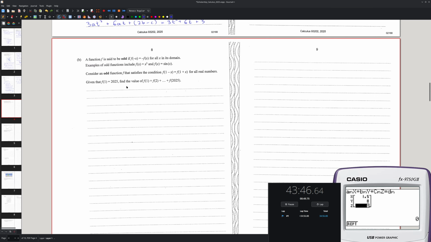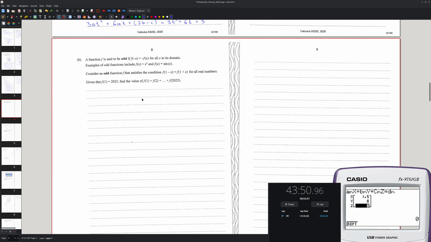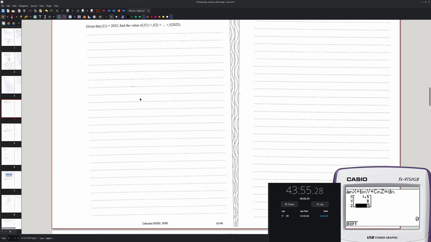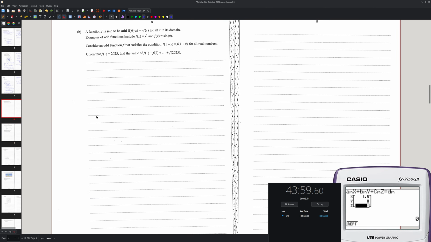Okay, so consider... wait, bro, they're giving functional equations in scholarship calc. What, brother? What is this?